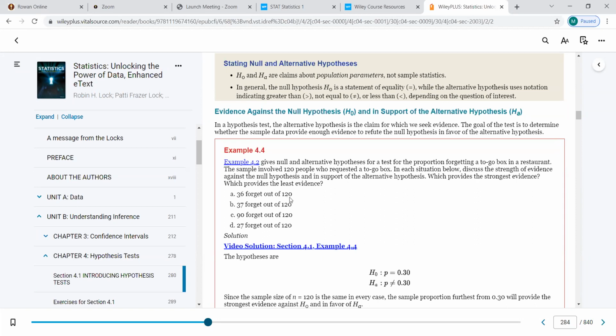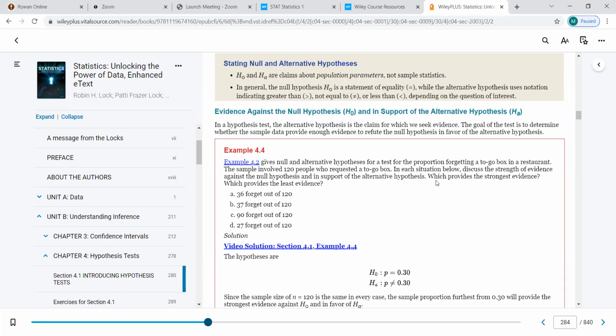One person does a sample of 120, and they found 36 of them forgot to take their box. Another person, 37 of them forgot to take their box. Here's sample number 3, 90 of them forgot to take the box, and the last one, 27 of them forgot to take the box.